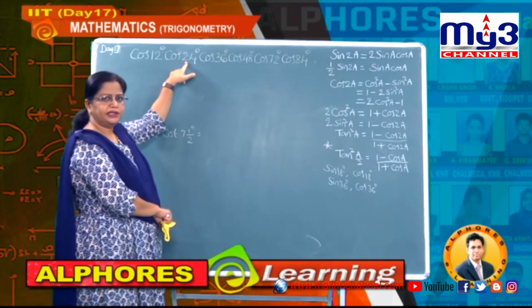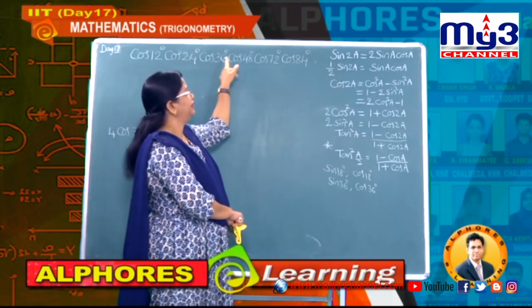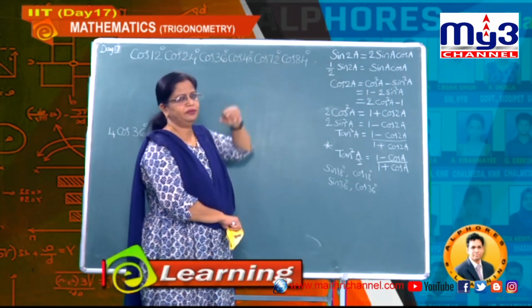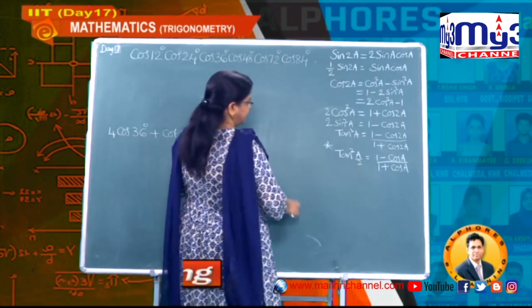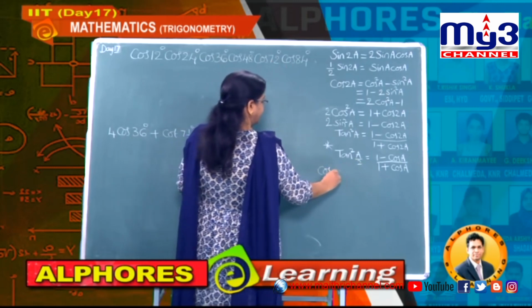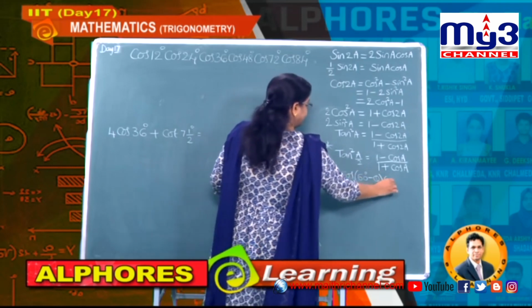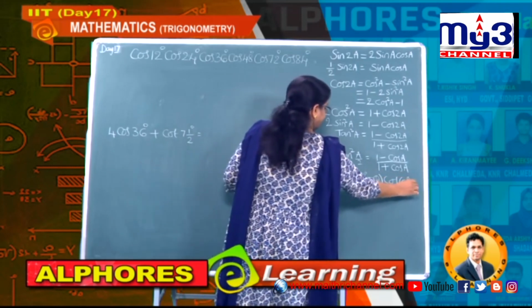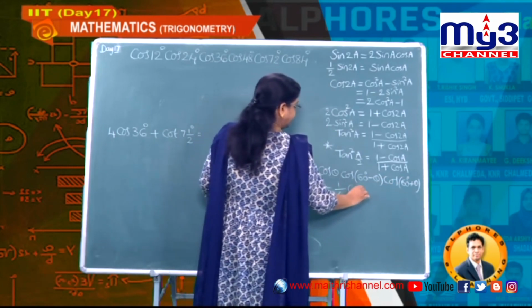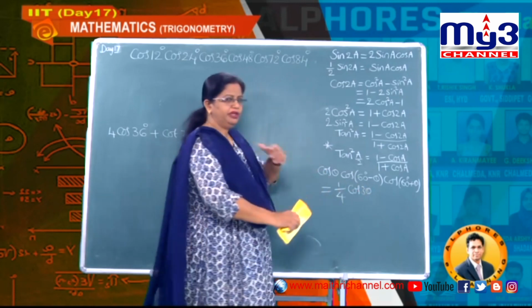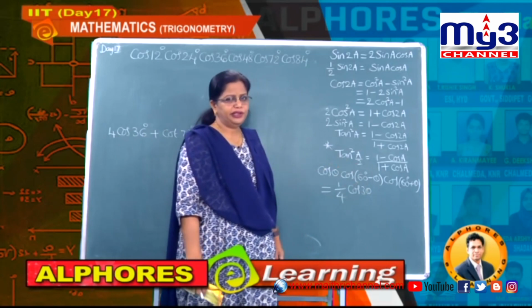Then if theta is 24 degrees, this is nothing but 60 minus 24, and this one is 60 plus 24, and therefore I want to make use of the formula, that is cos theta into cos of 60 minus theta and into cos of 60 plus theta. Students, what about this formula? Earlier we have done this one. It's nothing but 1 by 4 cos 3 theta, where 60 can even be written as 120 degrees or 240 degrees or 300 degrees also.